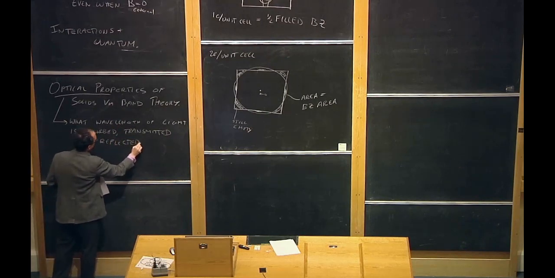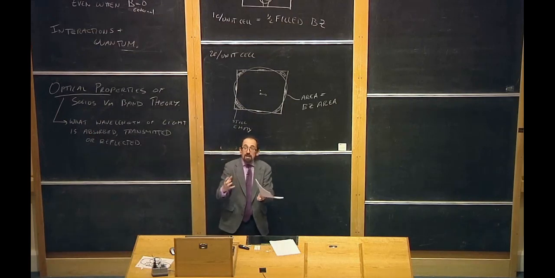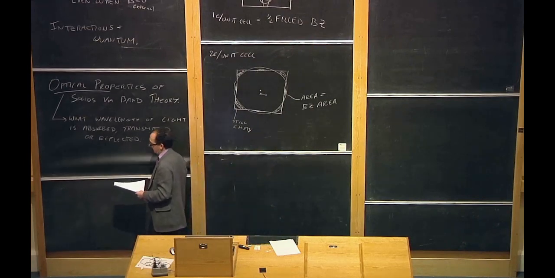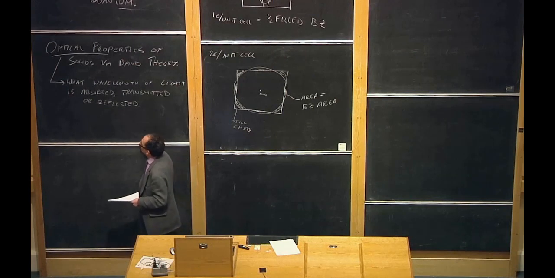In other words, if you put your material in white light, which is where we usually put it, what wavelengths of light actually reflect off of it and go into your eye and give that material the color that you actually see. So let's remind ourselves a couple things about light.